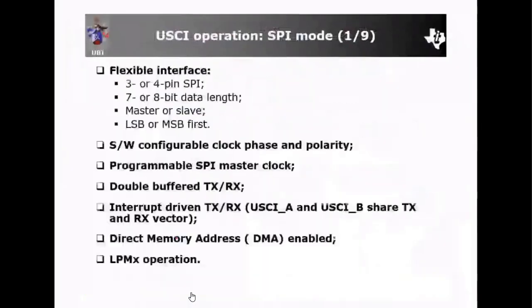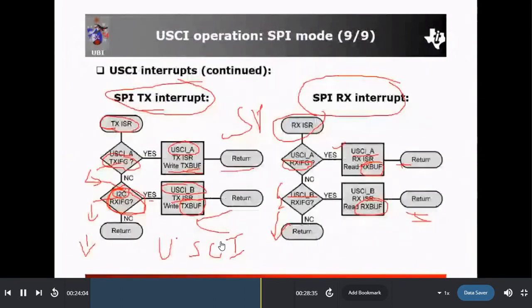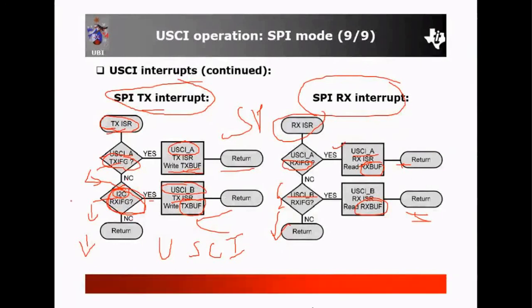For the transmitter, one block is used for USCI A and another for USCI B. First it will check the USCI A block, then if it is not there, it will check the USCI B block.